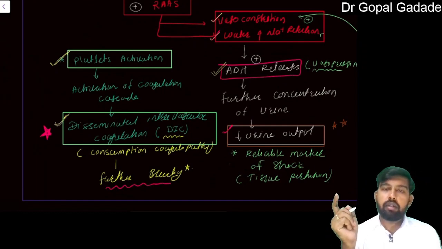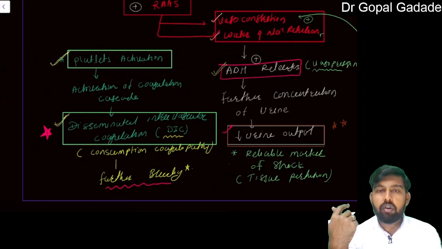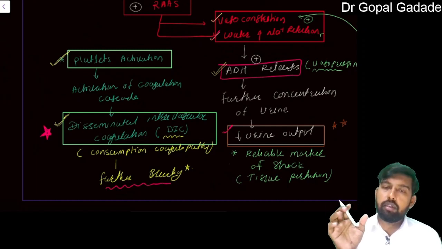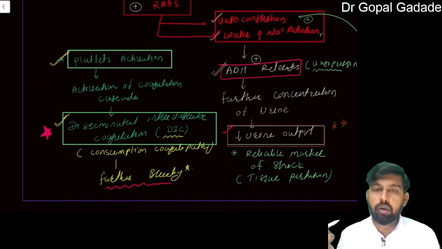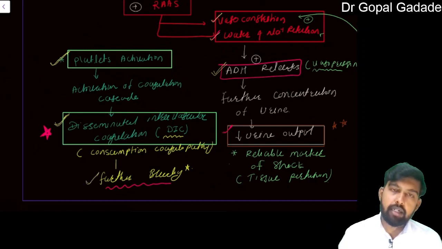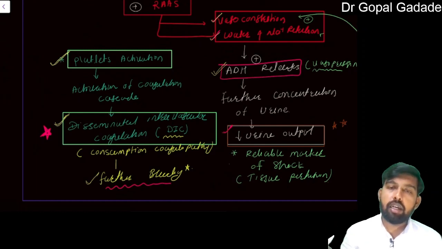Because there is a consumptive coagulopathy which causes platelet dysfunction, as well as all the clotting factors being exhausted. So ultimately this leads to disseminated intravascular coagulopathy, and because of this, it loses the function of the coagulation, because all the coagulation factors are utilized. This leads to further bleeding and will increase the severity of the shock because of the increased blood loss.